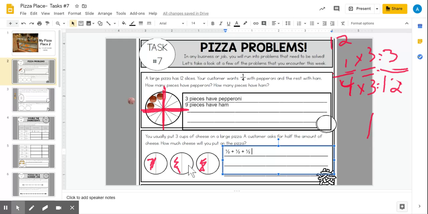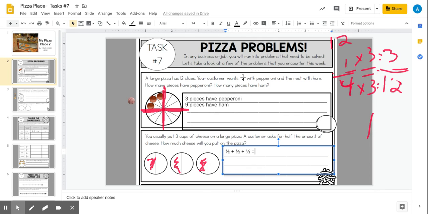Now we didn't really talk about adding fractions in class, and you don't really talk about that until you're older, like 4th and 5th grade. So that's why we're doing this together. It's just showing you how to add fractions. I don't expect you to be perfect in this, but it's just giving you a little sneak peek about what you're going to do when you're older.